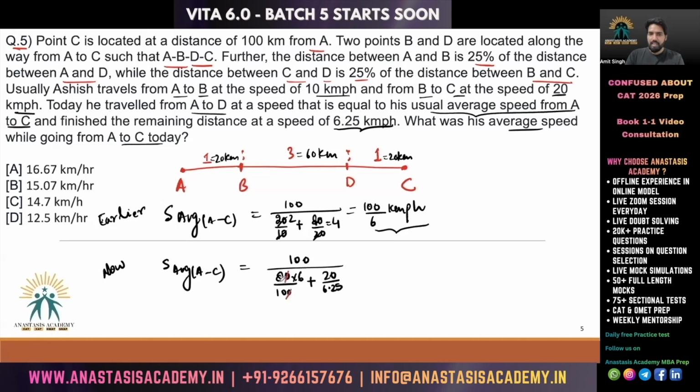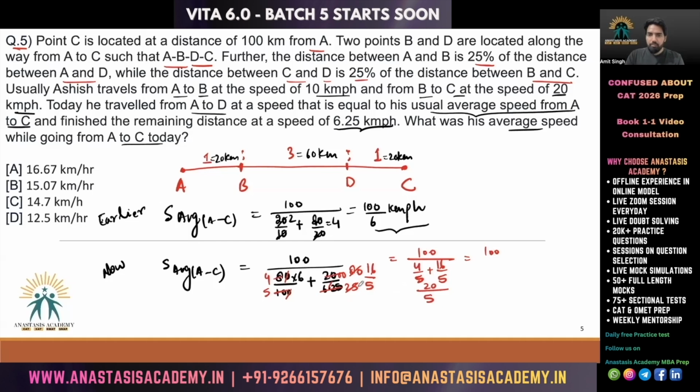So this gets cancelled, 2 4 times, 2 5 times, and this would be 00. I can cancel out with 25, 25 80 times, right? 16 upon 5, so 4 upon 5, 16 upon 5. This would be equal to 100 upon 4 upon 5 plus 16 upon 5. If I take LCM, it becomes 5.